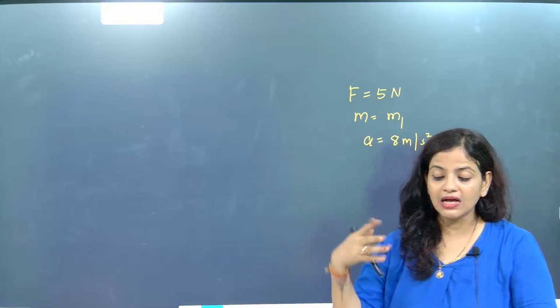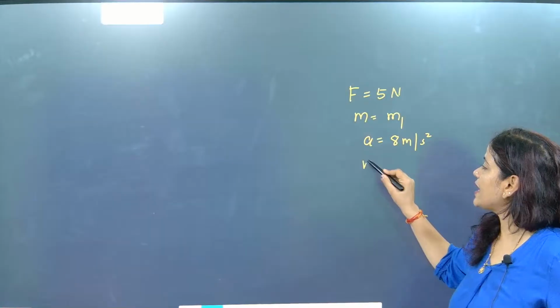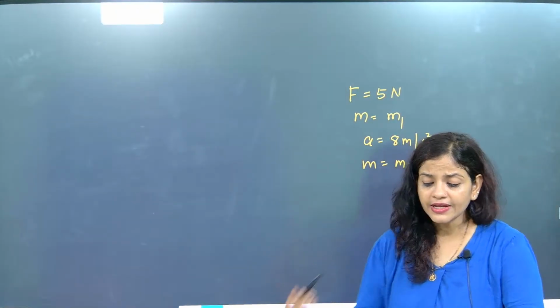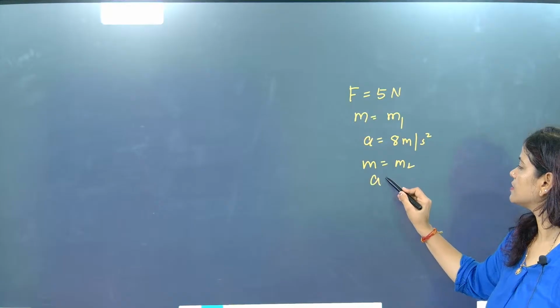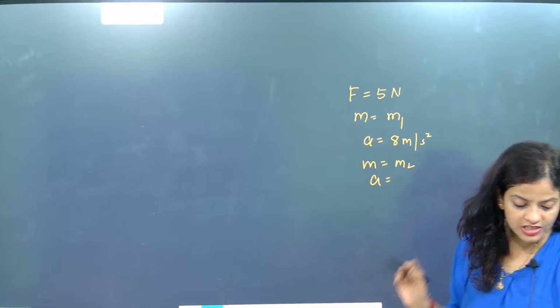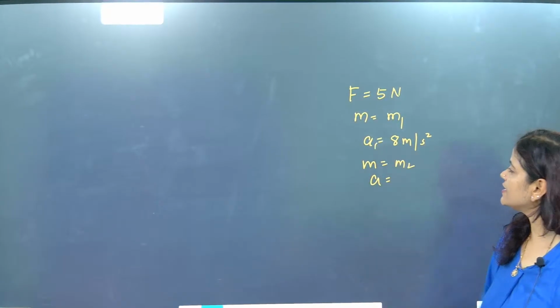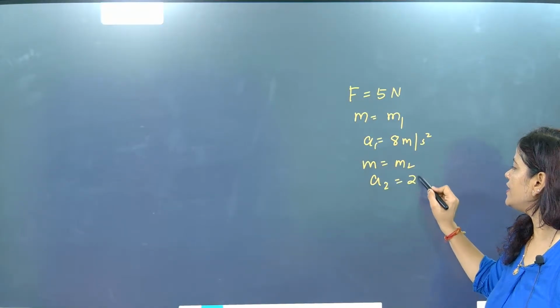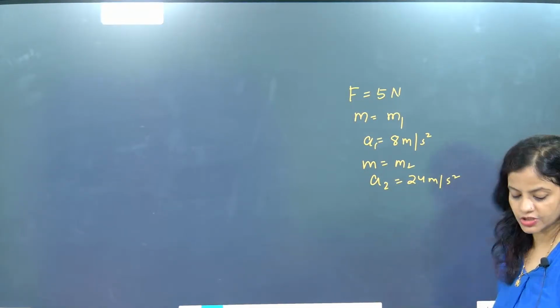Next is mass m2. The second time the mass is given as m2, and the acceleration changes to 24 meter per second square.